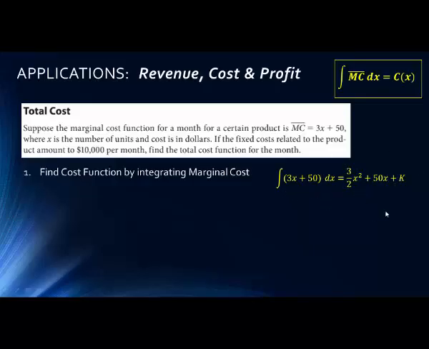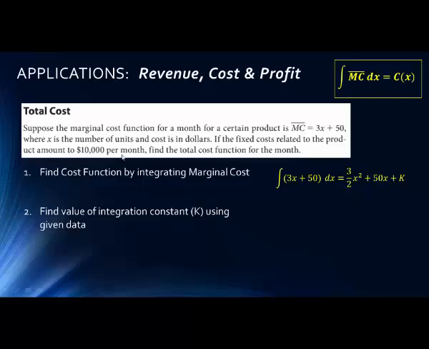Although this is the total cost function, we still have that constant in there, which means we're not finished. We need to figure out what this constant is, because it could be a positive or a negative number, and that will throw all of our evaluation off. They tell us the fixed cost is $10,000 per month.